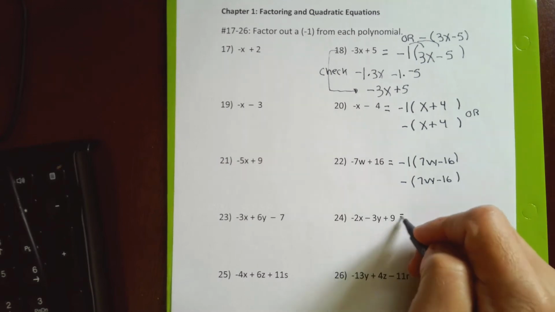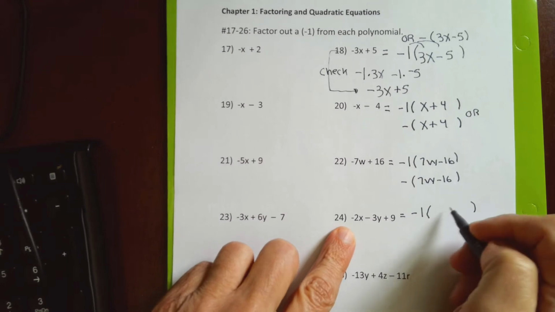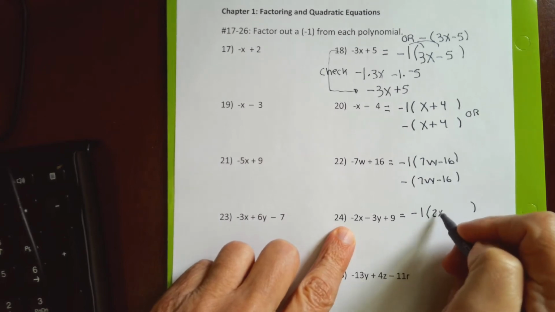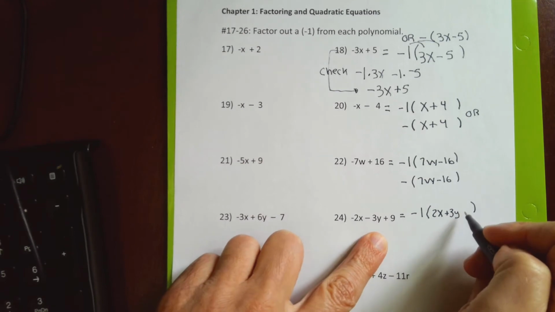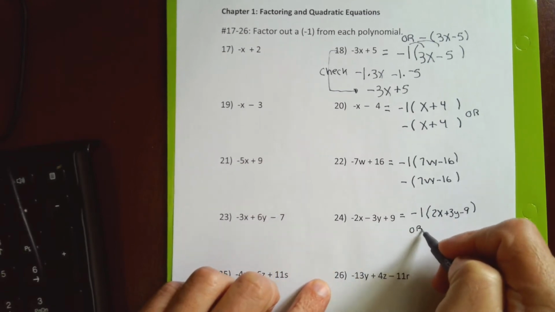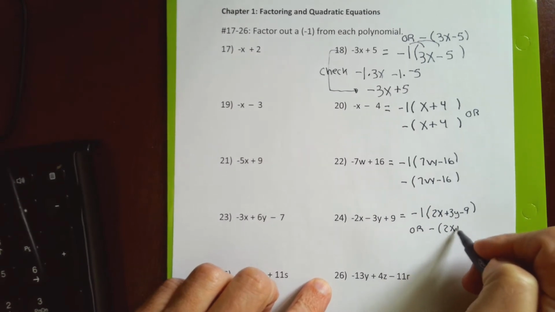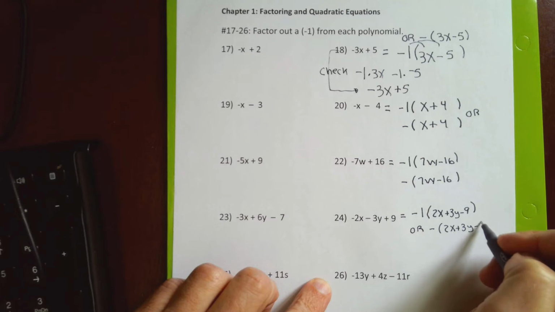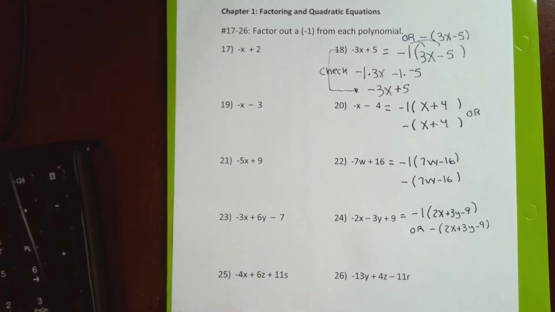24, if I'm factoring out a -1, the -2x will turn to positive 2x in the parentheses. The -3y will turn to positive 3y. The positive 9 will turn to -9. And similarly, you don't have to have the 1.